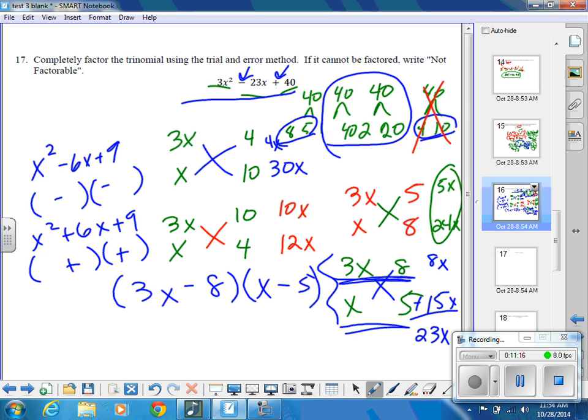Now, what if you had the case, I'm going to circle our answer here, so let's get a little crazy. What if you had x squared, let's just say minus 2x, and let's pick 12, so minus 12, okay?